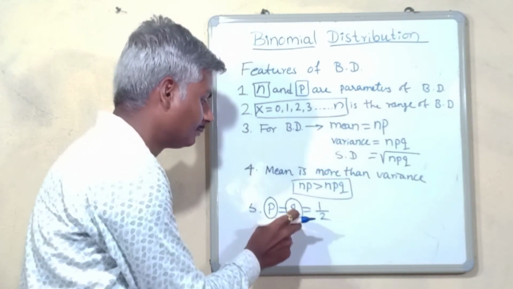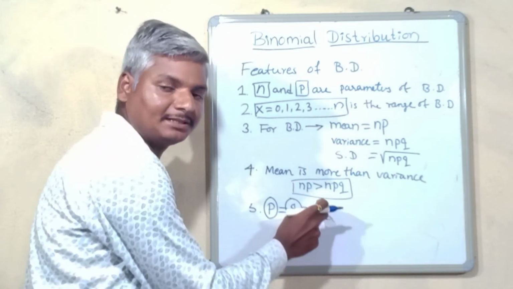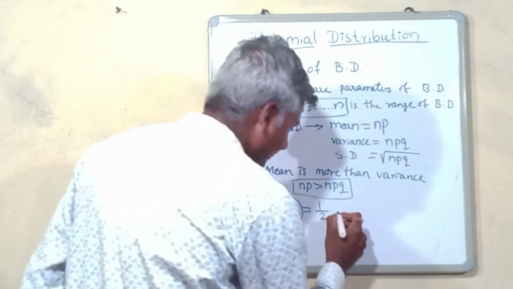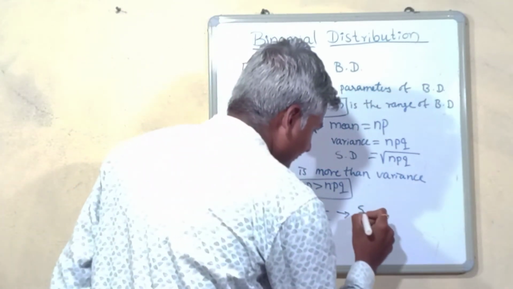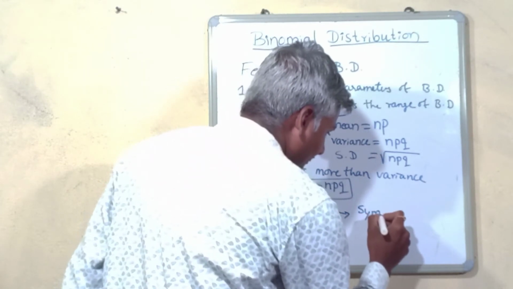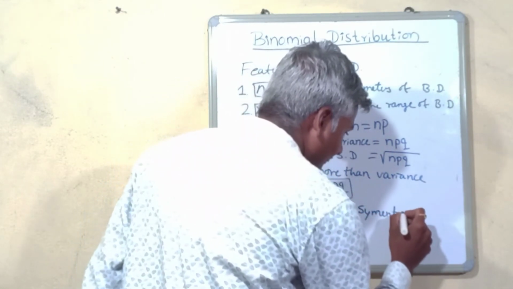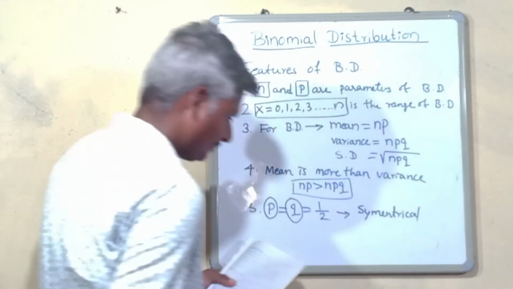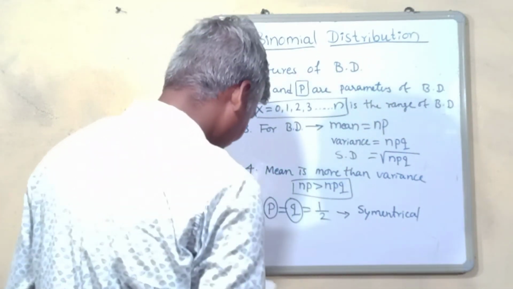So both are equal, that is 1 by 2, in the binomial distribution. Then the binomial distribution is symmetrical.